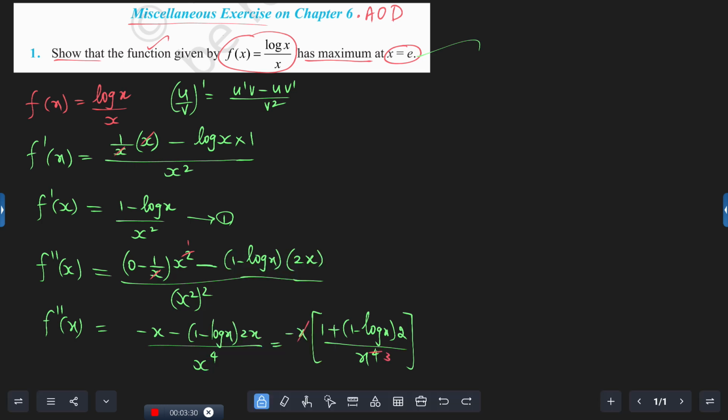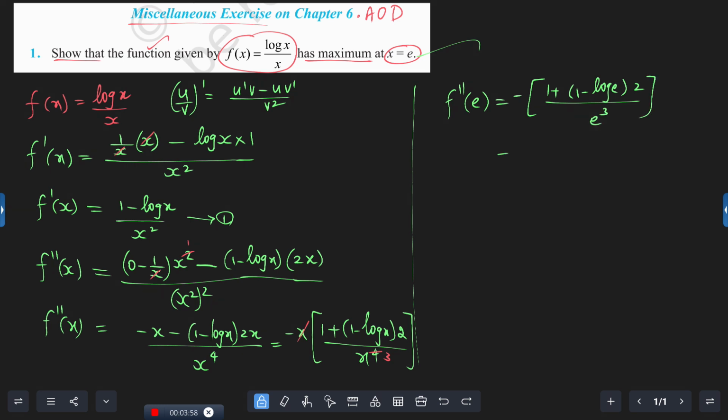Now substitute the x value, e, in f double dash: minus of 1 plus (1 minus log e) into 2 divided by x power 3, that is e power 3.